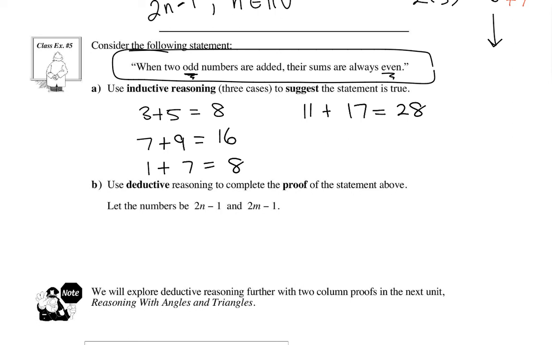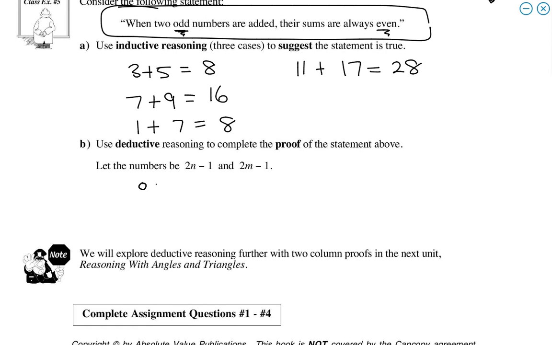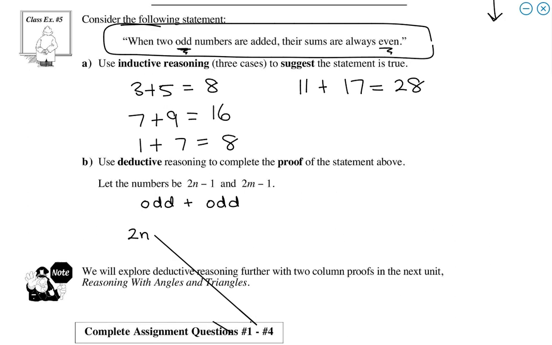Now, to prove that deductively, you have to add two odd numbers in general. So you have this, odd plus odd. How could you represent an odd number? 2n minus 1.